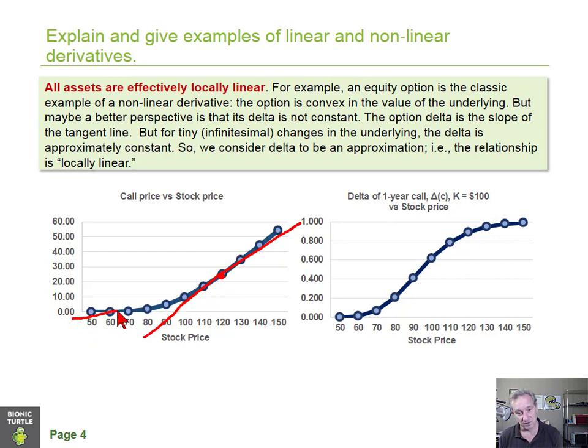So we start down here, where that tangent line has a slope close to zero. It gets increasingly steeper as the underlying stock price increases. So we see the delta increasing, and the delta itself is not increasing in a linear fashion.